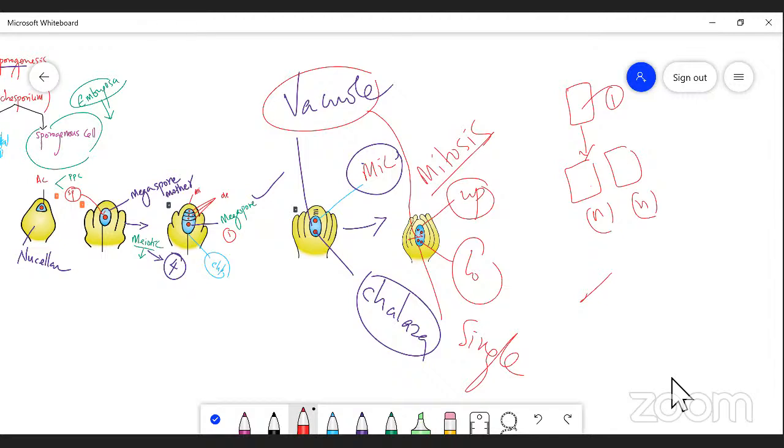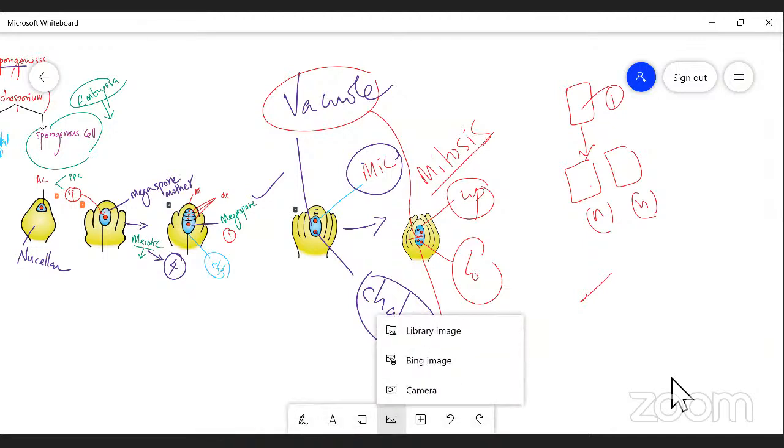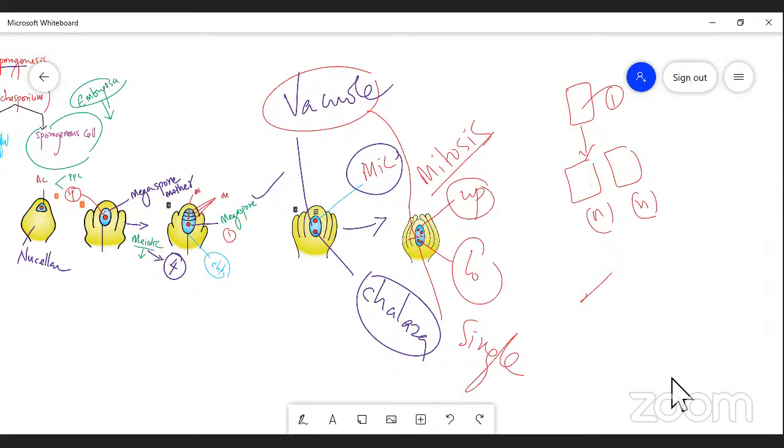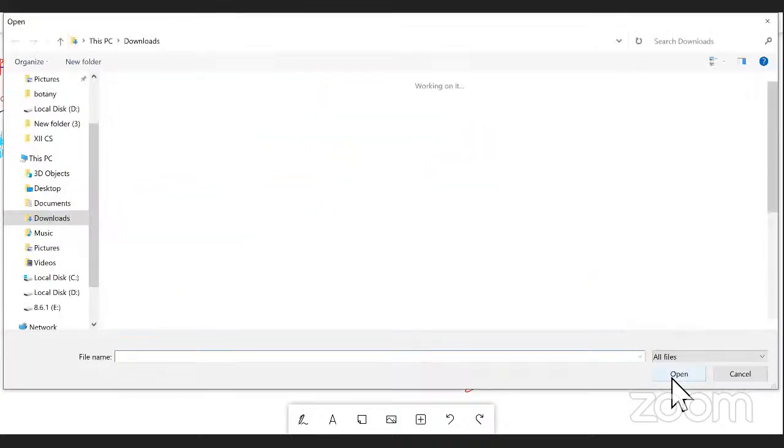Again, the 2 nuclei of the polar region, upper side and lower side, are further divided to form 4 nuclei. As a result, we can get 8 nuclei in a single cell.